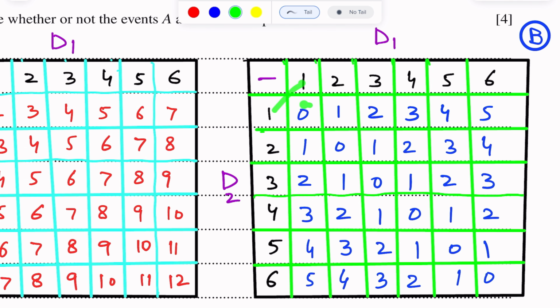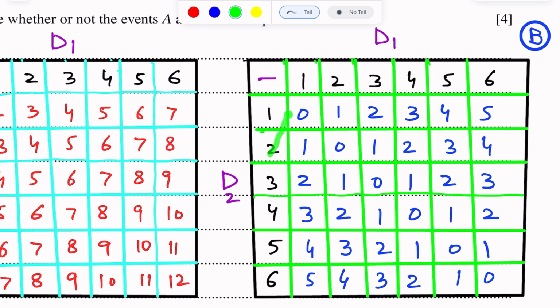1 minus 1, that is 0. 1, 2 difference 1. 1, 3 difference 2. 1, 4 difference 3. 1, 5 difference 4. 1, 6 difference 5, and so on.